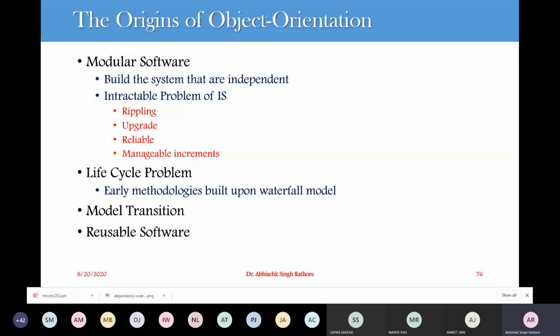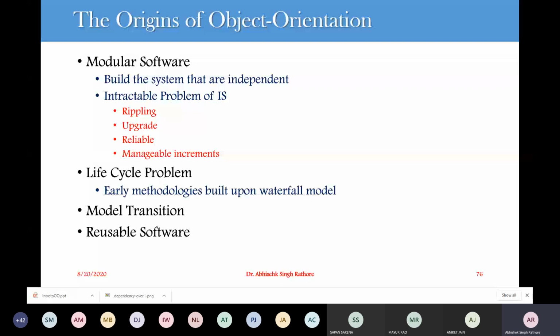Then the last point that leads to object orientation is reusable software. Information systems that are being developed are usually expensive in nature, and we have to consider this expensiveness in terms of time and in terms of money too.